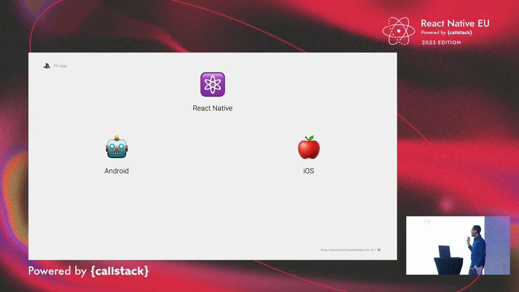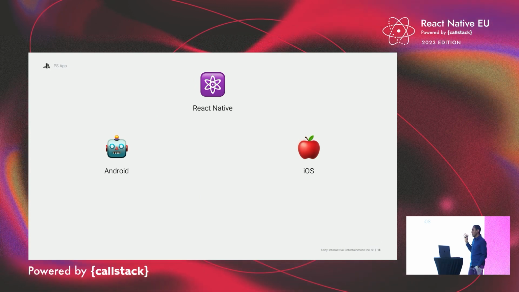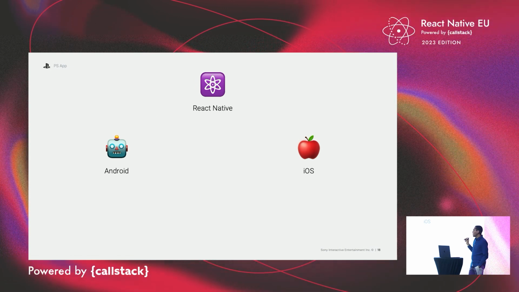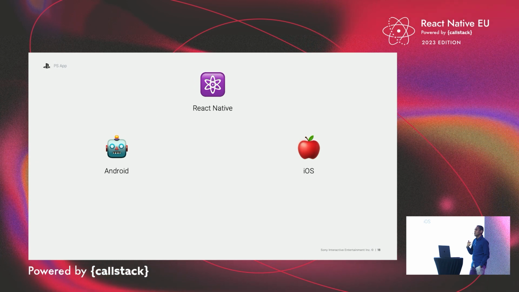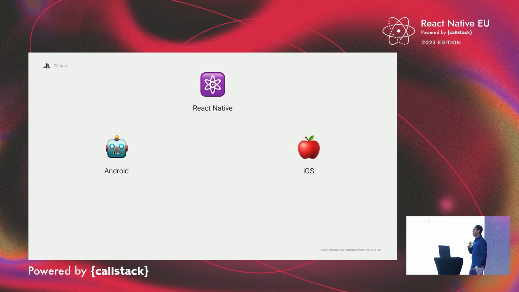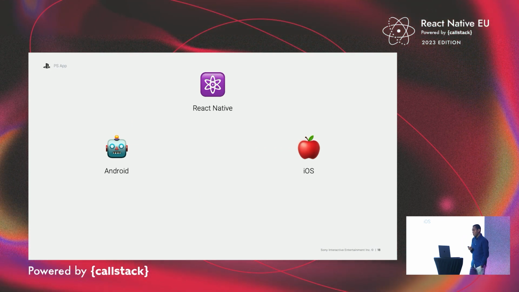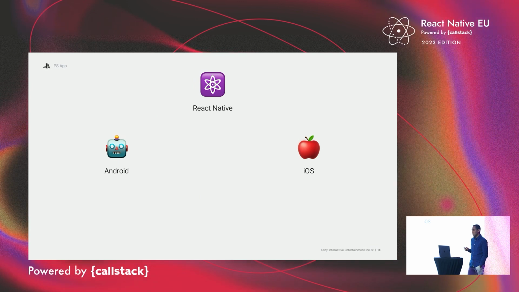This is something that I think a lot of React Native developers struggle with for the most part. And it's keeping up with updates on both operating system, React Native, and many of the third-party libraries to support your application.